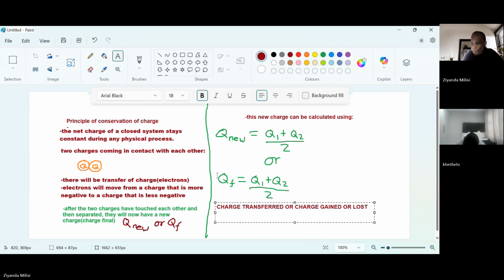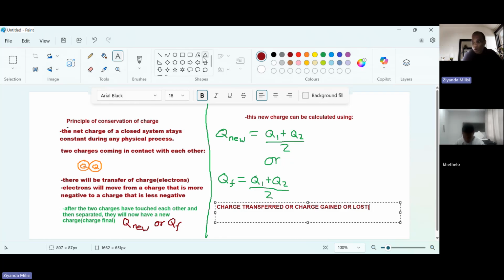Remember that during the transfer, one charge is gaining while the other is losing.